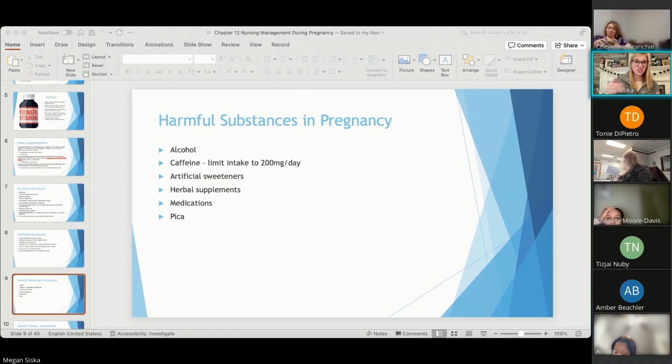So we just don't have that necessary information a lot of times to say, oh yeah, that supplement from that multi-level marketing company that you are a part of is totally safe in pregnancy, because we just don't know, and it's not worth the risk. So a lot of times we will tell patients, why don't you hold off on that until you're done with pregnancy and done breastfeeding if you're a breastfeeding mom.